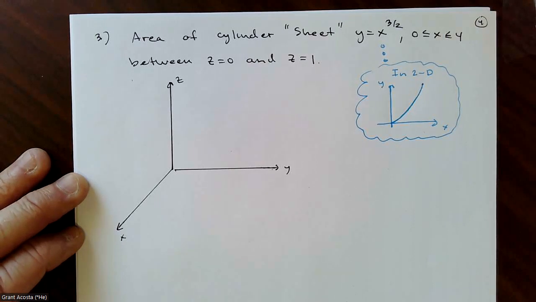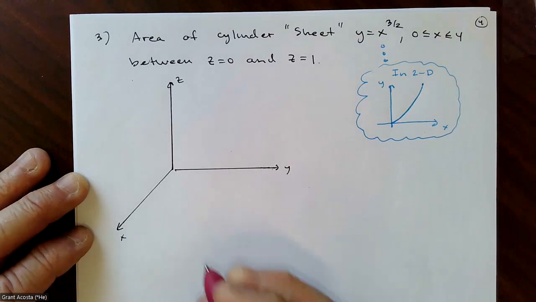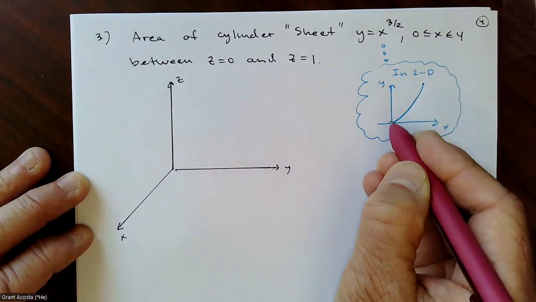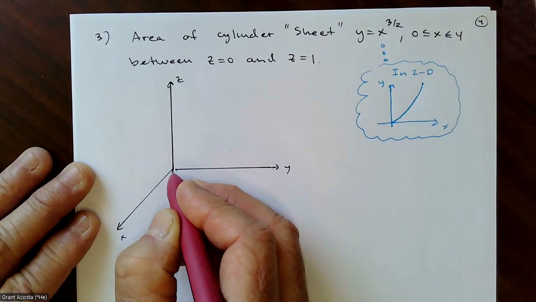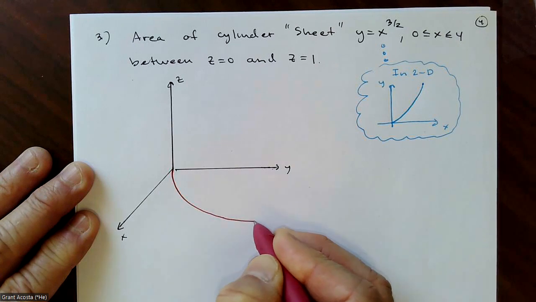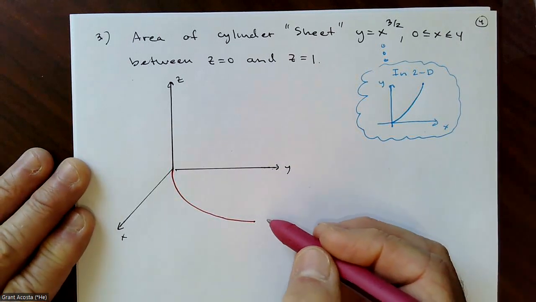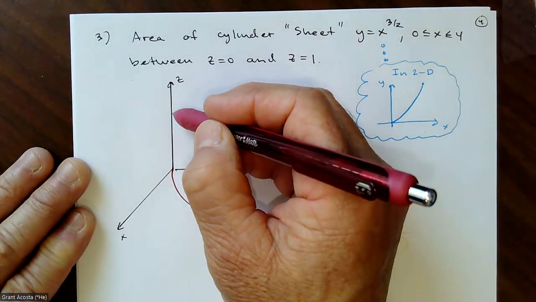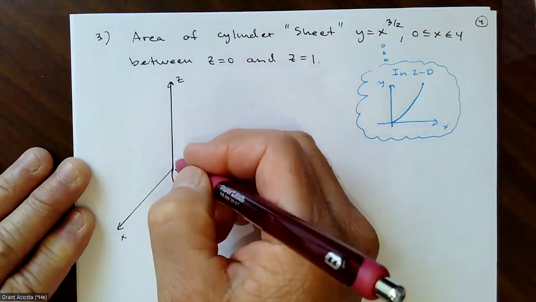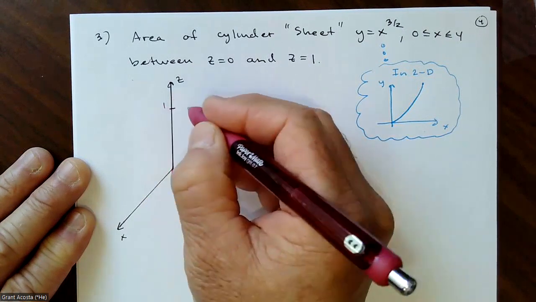So how that would look on the 3D plane, it's kind of curving up towards the positive y-axis. So if I have it going like this, and then the idea, remember how it works, since there's no z in there, you're going to extend this upward from 0 to 1. So let's say this is 1.